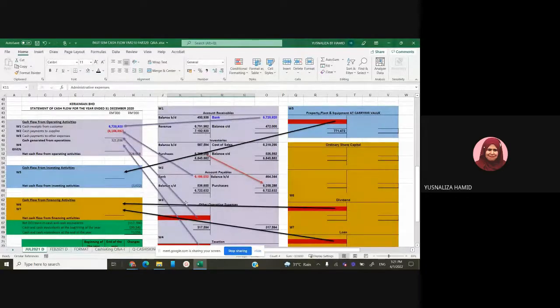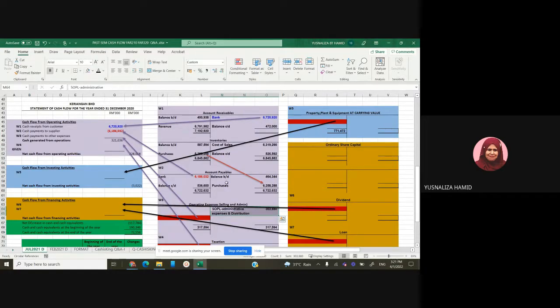So let me just put the title correctly here. It should be operating expenses paid. Operating expenses means this is selling and admin. Okay, done. Put the selling here and then the admin here.